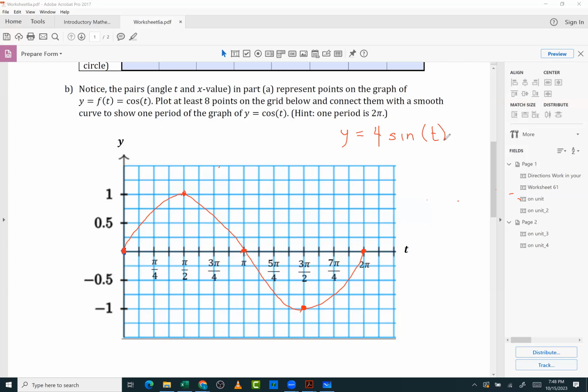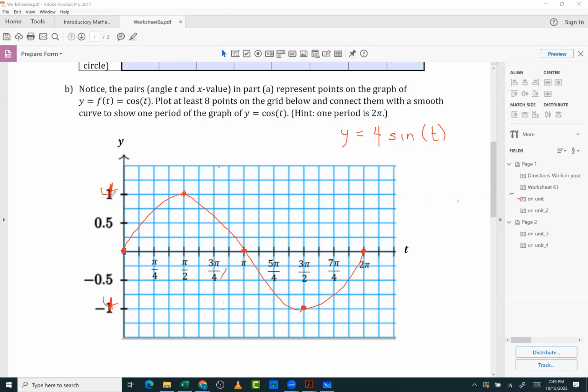So if I say that's 4, it's a vertical transformation, right? Because it's not changing anything horizontally, but it is changing the y-axis. And if you watch my video, all I do is this. That's really all that's happening. I don't have to regraph this. I can still know what points I have.